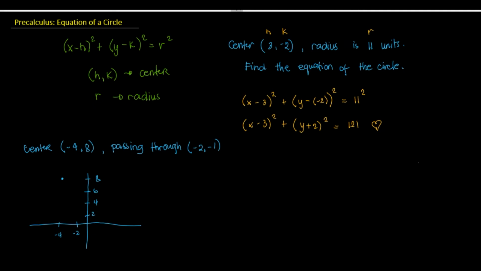Passing through the point (-2, -1). So let's take a look at (-2, -1). This is -2. Somehow -1 is located here. This means that if the center is located here, the curvature of the circle is passing through this point. So just imagine your circle will be like this.